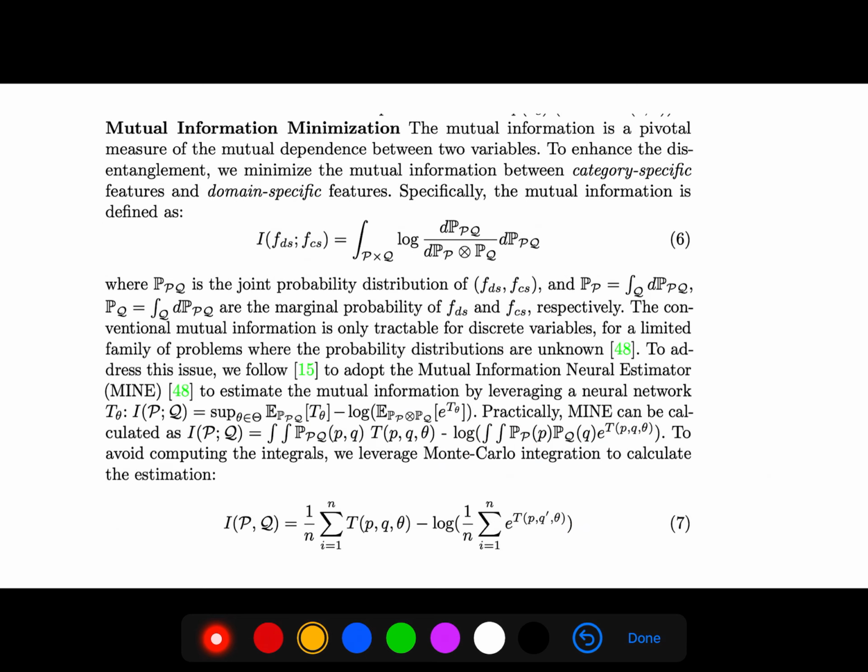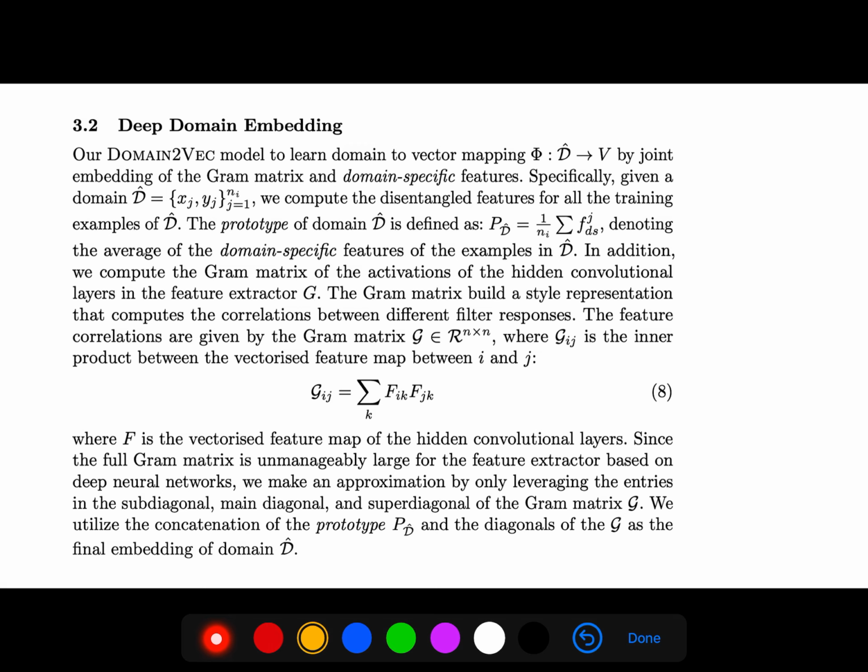And then mutual information minimization, and then deep domain embedding. Now that we can do deep domain embedding, the feature correlations are given by the Gram matrix, where G is the inner product between the vectorized feature map between i and j.